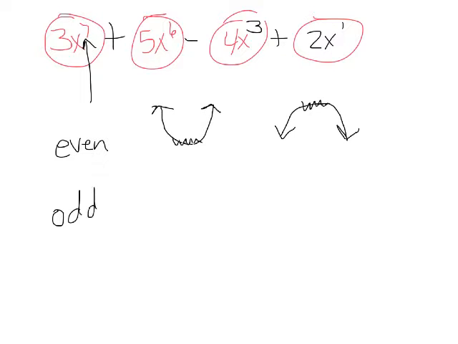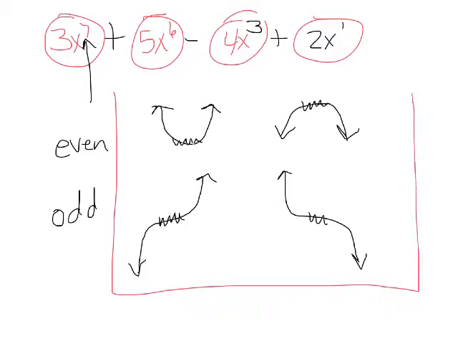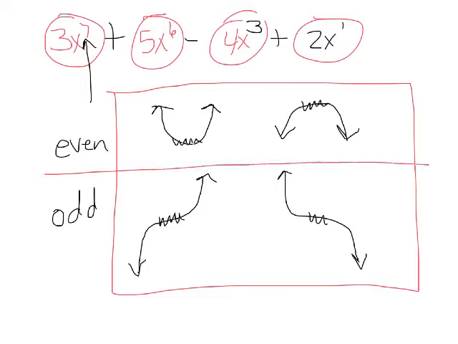And an odd degree, one goes up and one goes down, and what happens in the middle varies. So what we have here is a table that we're creating, which is useful for understanding end behavior.